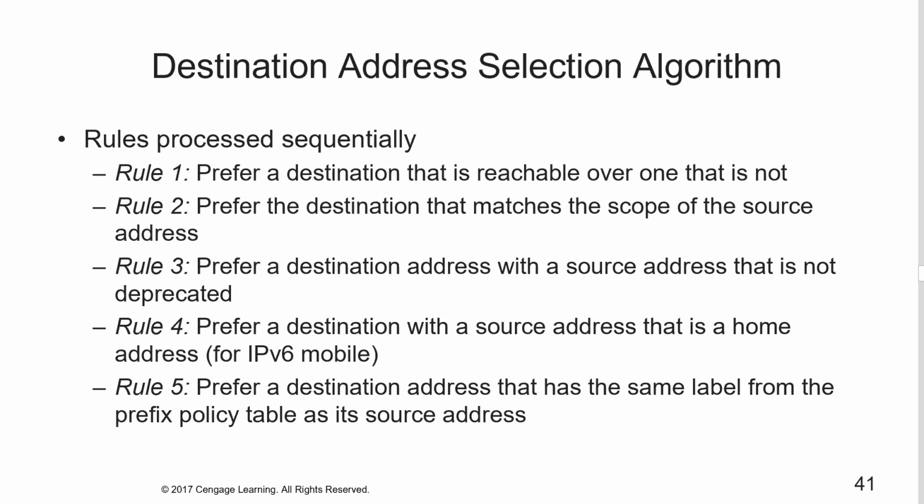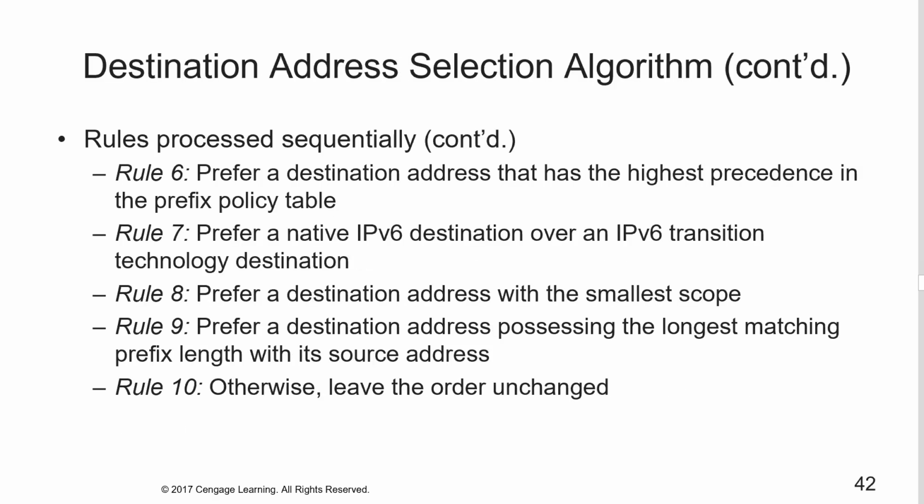Fourth, prefer a destination with a source address that is a home address. Again, this goes back to IPv6 mobile support. And rule 5, you're going to want to prefer a destination address that has the same label from the prefix policy table as its source address. In rule 6, you're going to prefer a destination address that has the highest precedence in the prefix policy table.